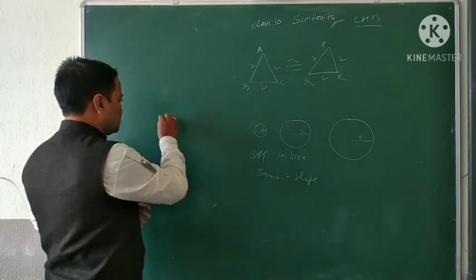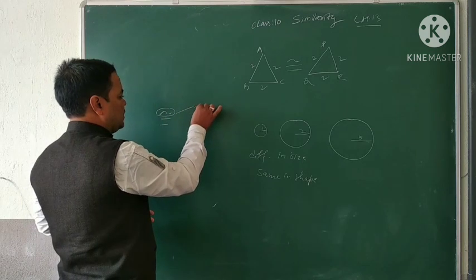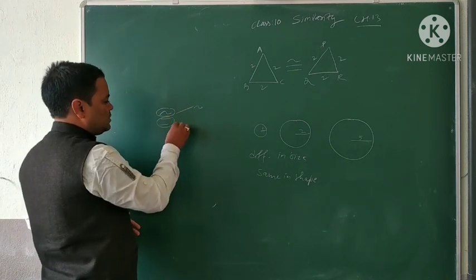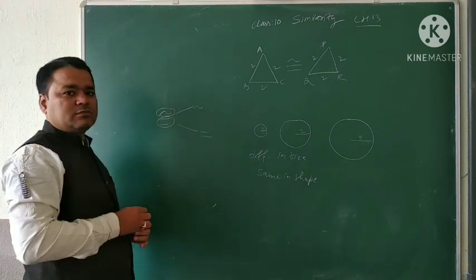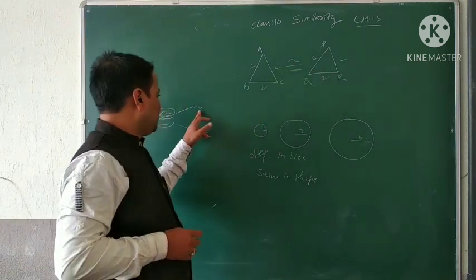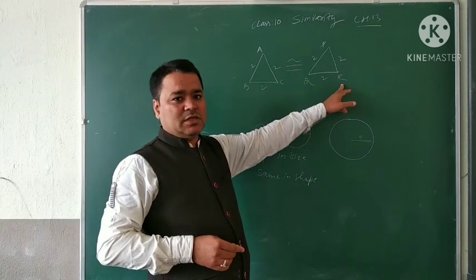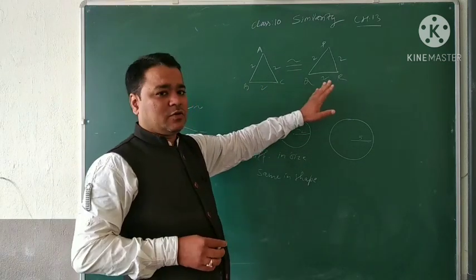Here congruence has two things. The first one is similarity, and the second one is equality. It means if two figures are similar as well as equal, then they will be congruent.